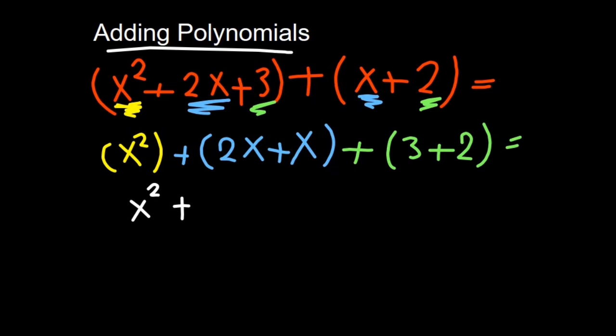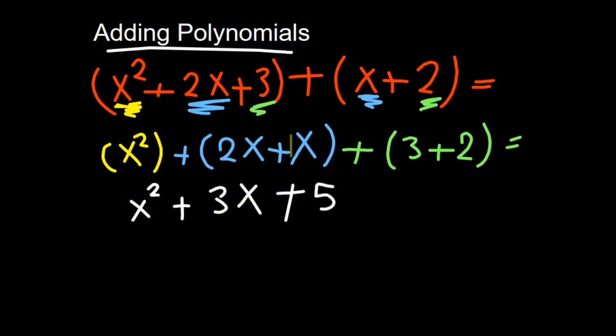The coefficient of the x, here we can consider that there's a hidden 1. So 2x plus 1x is 3x. Plus the last term, 3 plus 2, which is 5.